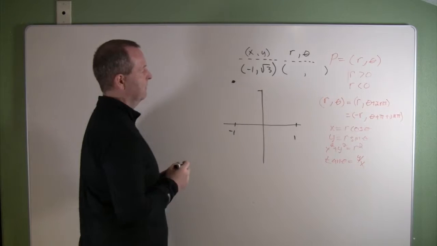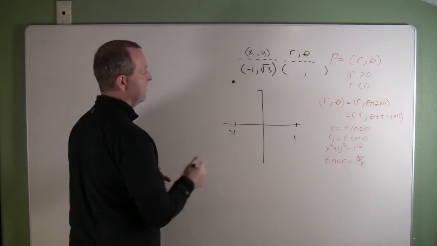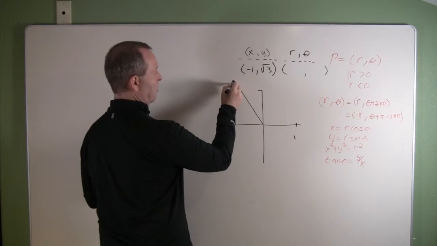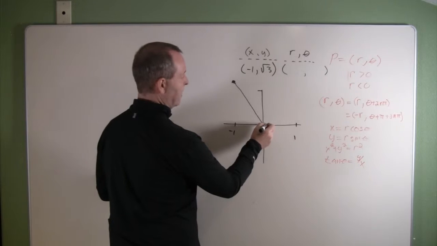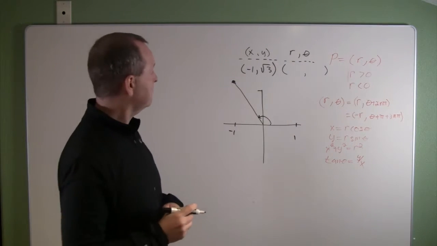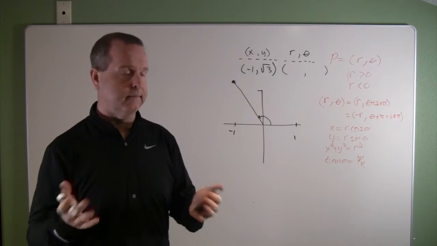So there I have my point, -1, √3. Because I know I'm going to polar coordinates, I'm going to find out this angle at some point. I want to be aware that it's in the second quadrant.